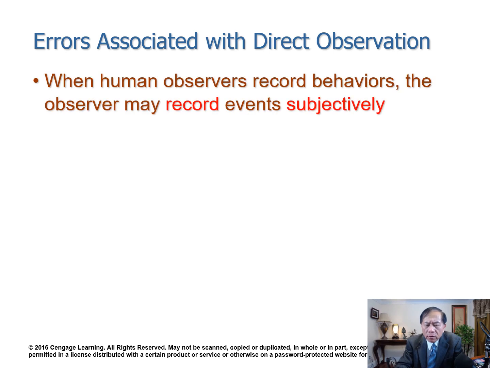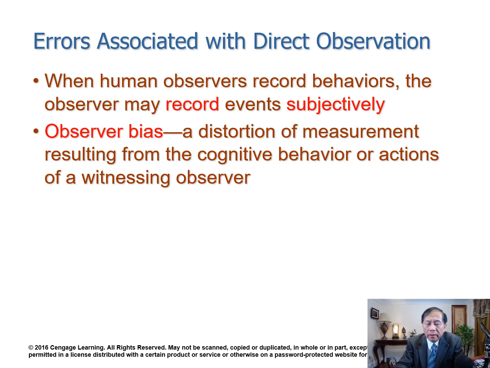There are errors associated with direct observation. When human observers record behaviors, the observer may record events subjectively. And there is also observer bias. Observer bias is a distortion of measurement resulting from the cognitive behavior or actions of a witnessing observer.